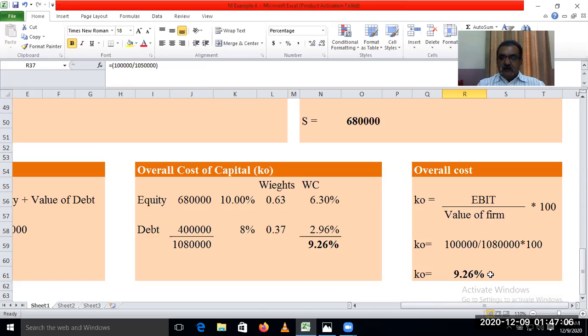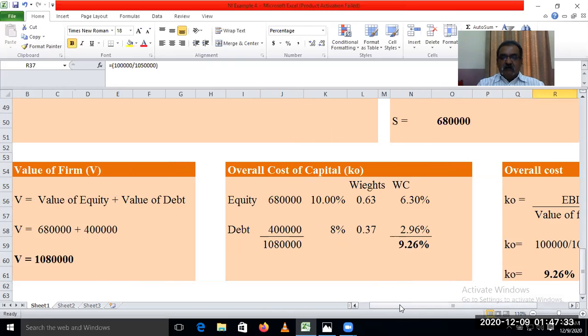overall cost of capital. Whenever in any example, even in the cost of capital chapter, you are asked to find out weighted average cost of capital, it is better to calculate it this way, because at that time we want to see how you assign the weights. But if I am saying I want to know overall cost of capital, the option is open to you. Either you can calculate this way or that way.